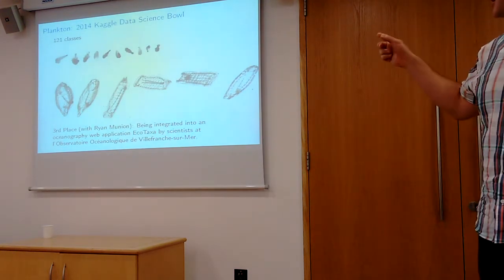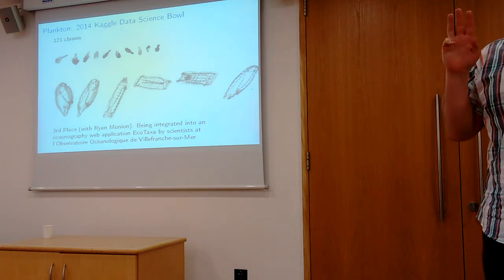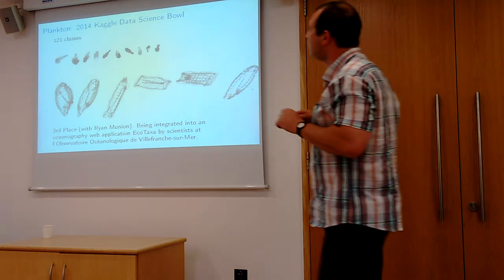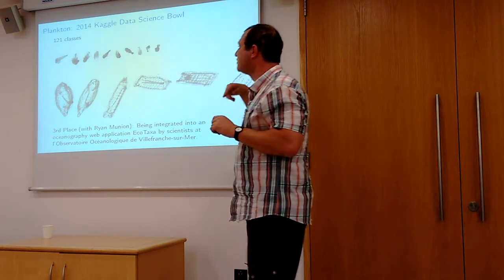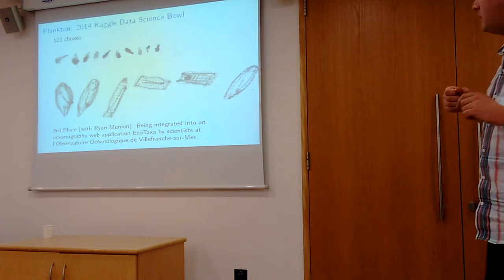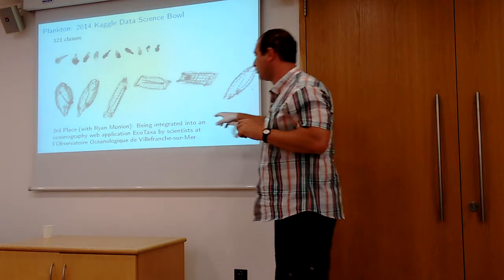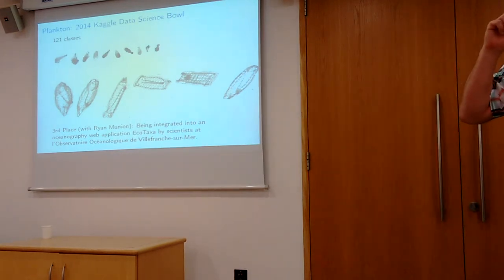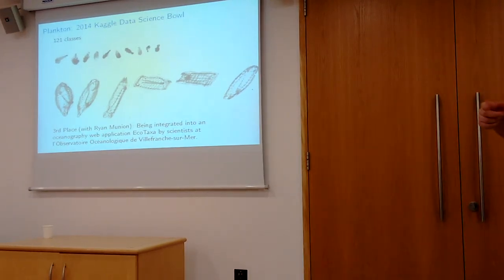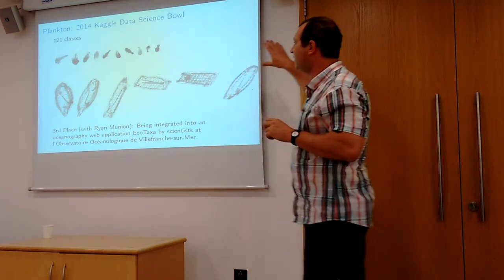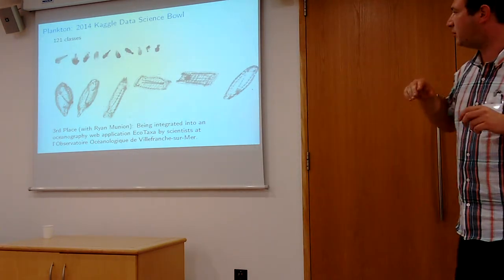And this competition was mentioned before. I came third, so worse than other people, but I did some work after the competition to improve the solution, and I'm now working with the oceanographers at the National Oceanography Centre to put this into the EcoTaxa web application for biologists.